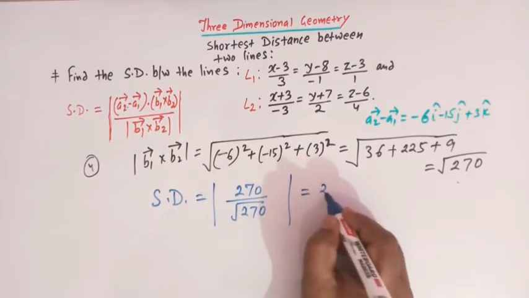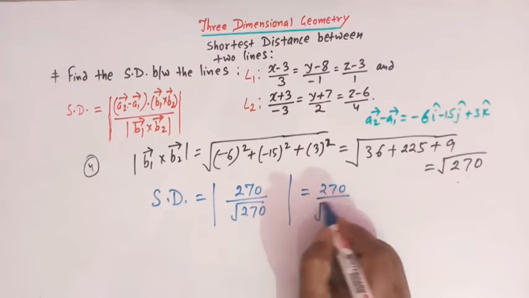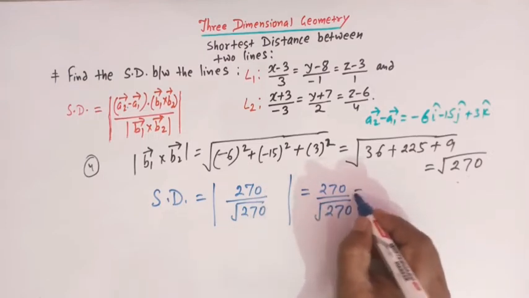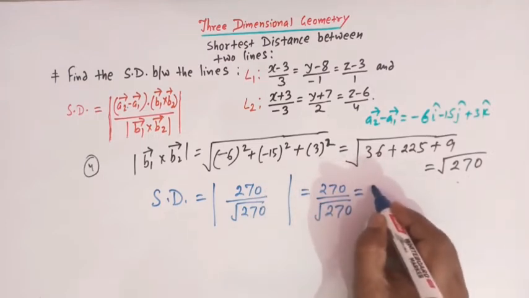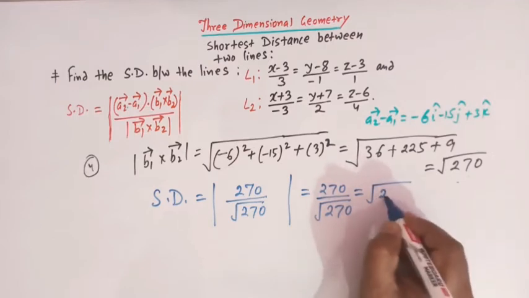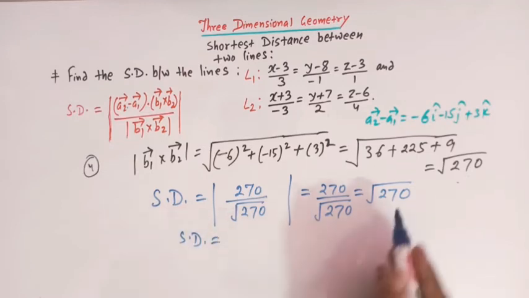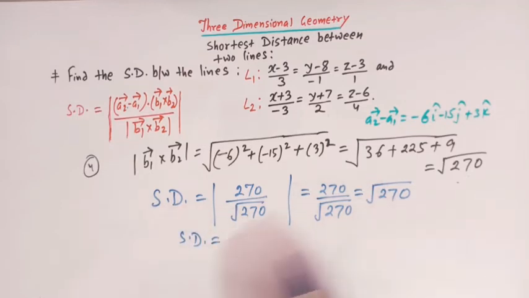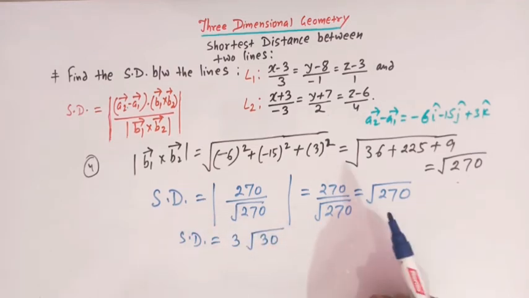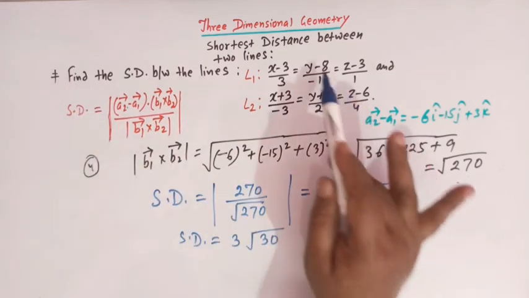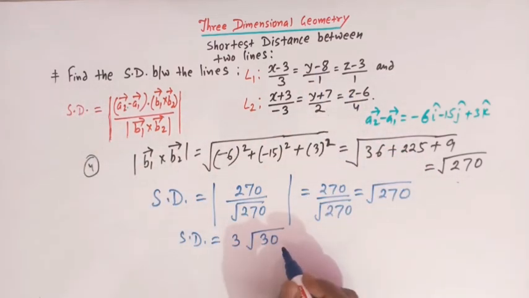This can be written as 270 over square root of 270, which is square root of 270. If we simplify it, we can also write it as 3 times square root of 30. So viewers, the shortest distance between these two lines L1 and L2 is 3 times square root of 30 units.